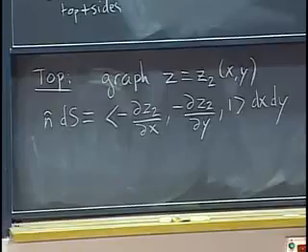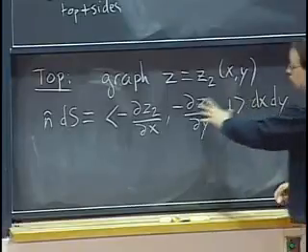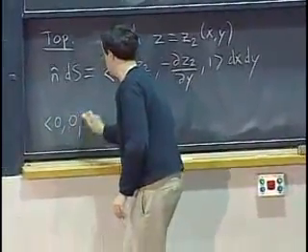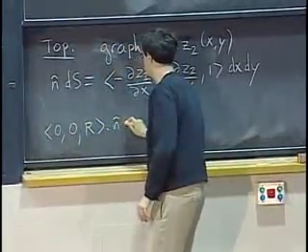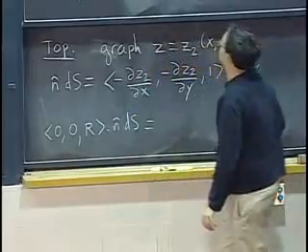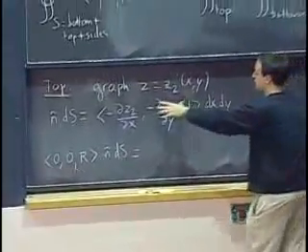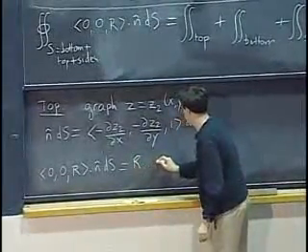We can't compute these, but it's not a big deal, because if we do the dot product with 0, 0, r, these terms go away. You just have r dx dy.